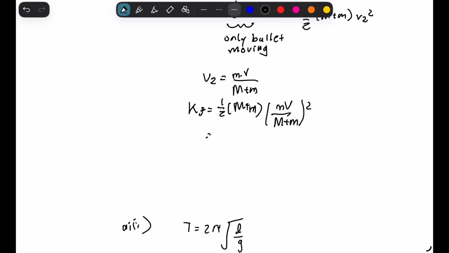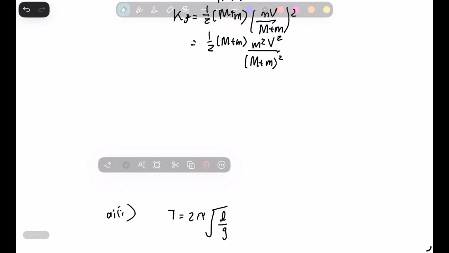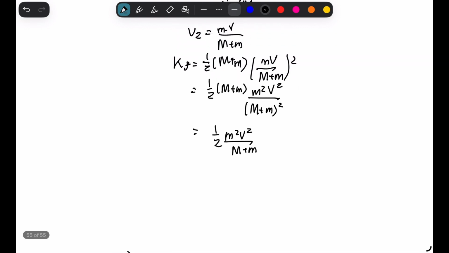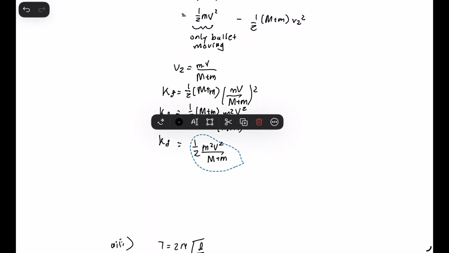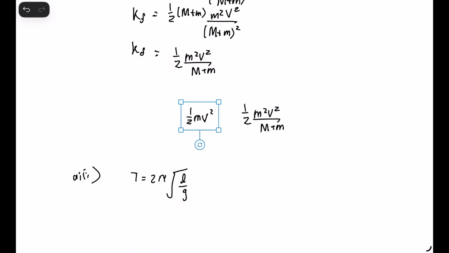This simplifies to 1/2 (M plus m) m squared v squared divided by (M plus m) squared, so this is equal to 1/2 m squared v squared over (M plus m). Now we have K final. We just substitute this in and subtract it from 1/2 m v squared to find our E lost.